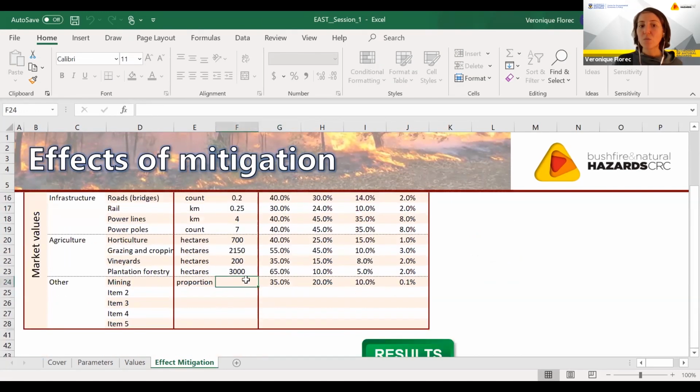And here, the only one that is still blank is mining. It's just because I actually want you to have a look at the information that is given to us, because sometimes you might find information just like this, and that is all you have to complete or insert the data that the tool requires for performing the calculations.